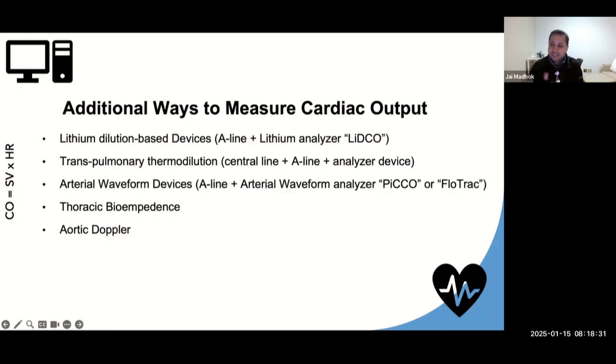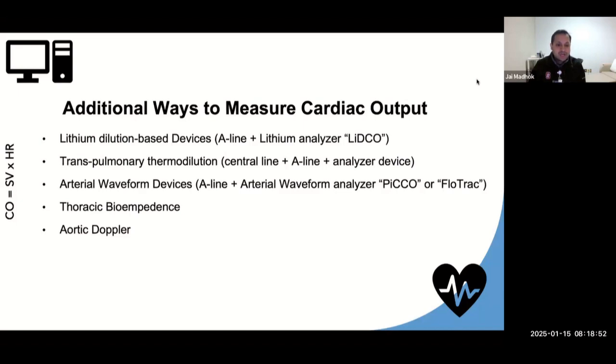In this case, the arterial line has a thermistor, or a temperature monitoring device. And so you inject cold saline in the central line, the arterial line detects the temperature change and uses some algorithms to calculate the cardiac output. There are many other systems that use arterial waveform calculations and pulse contour analysis.